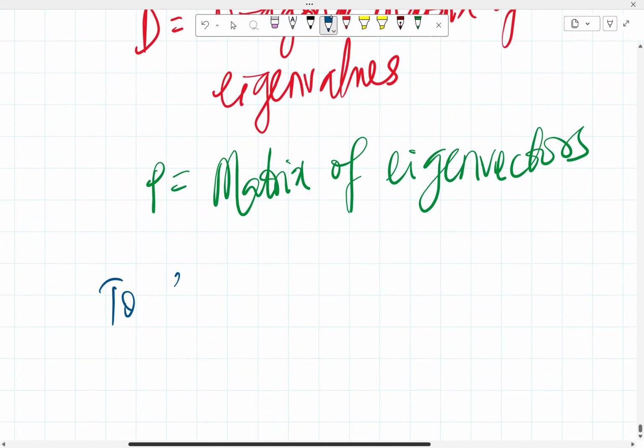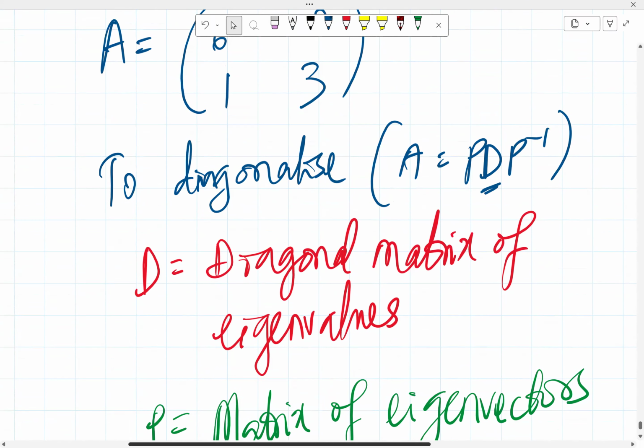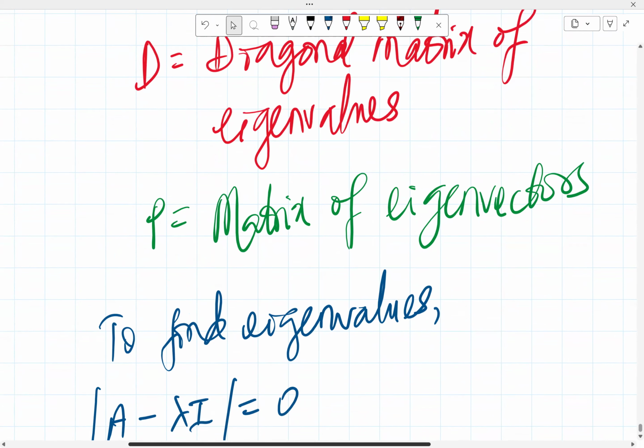To find eigenvalues, we know we need the determinant of A minus lambda I equals 0, and we equate to 0 and solve.